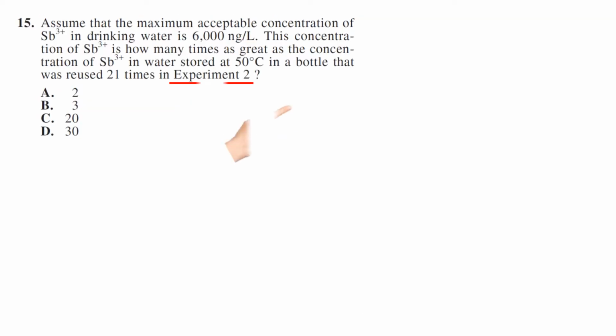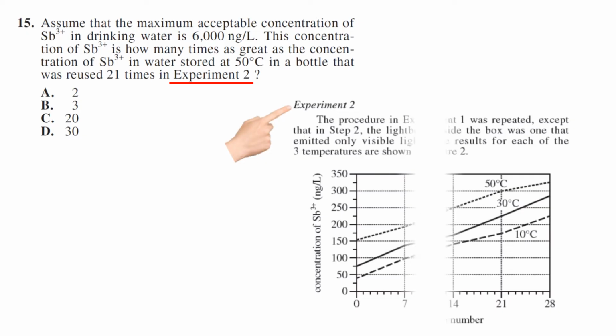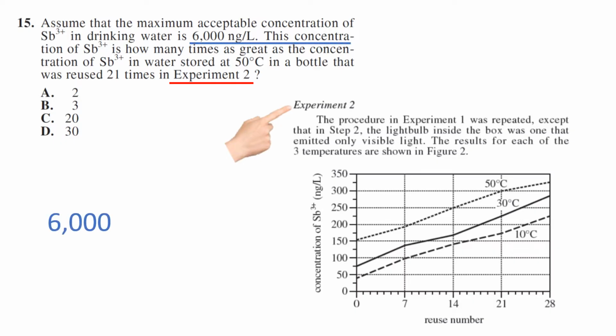Okay, number 15. Number 15, we're using experiment 2. So put your finger on experiment 2. Assume the maximum acceptable concentration of sp3 in drinking water is 6,000. This concentration, so 6,000, is how many times as great as the concentration of sp3 in water stored at 50 degrees Celsius that was reused 21 times. So we're going to be dividing that concentration by something.